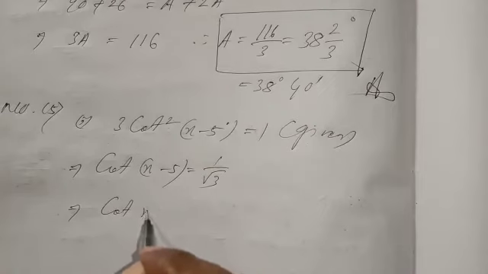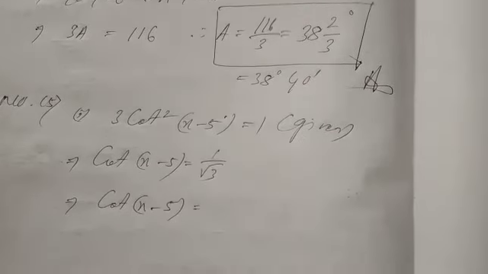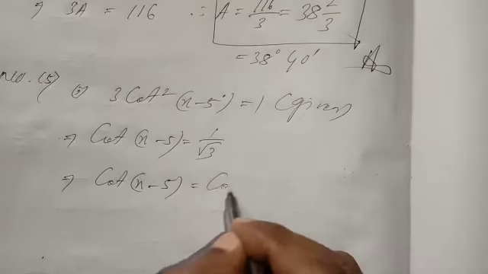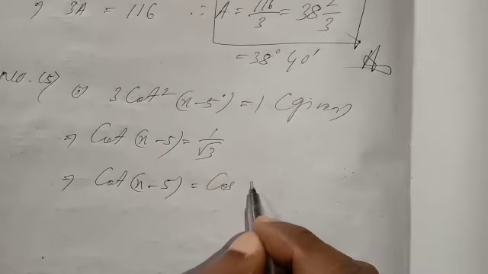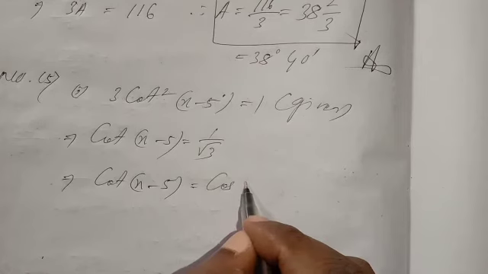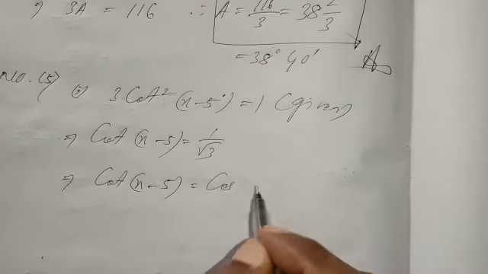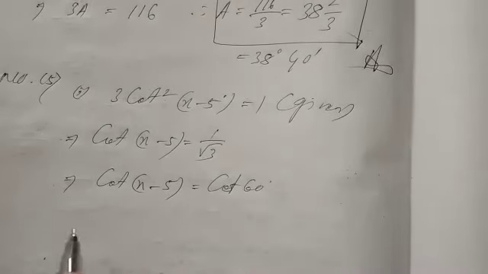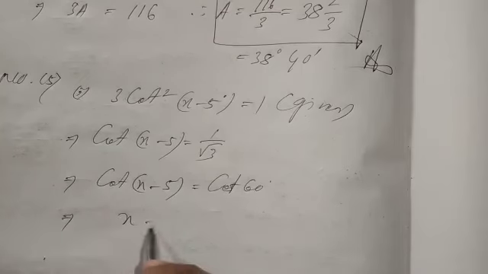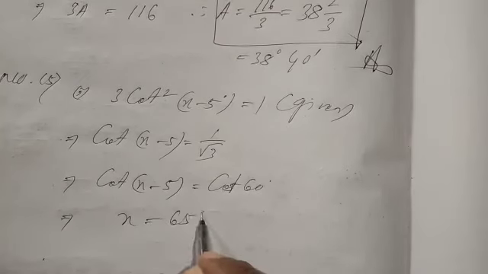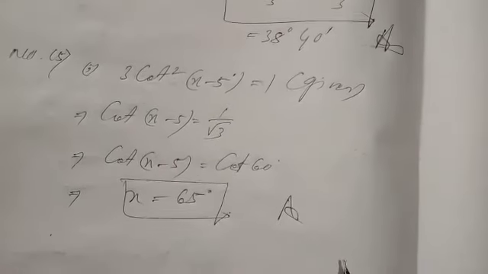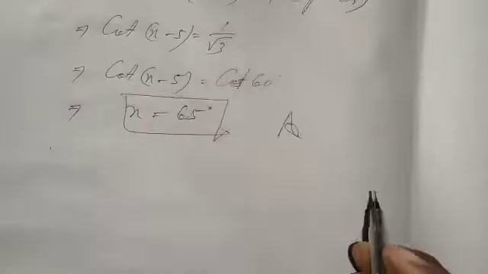You have to write this in terms of cot. 1 by root 3 means cot 60 degree, because tan 30 is 1 by root 3. Comparing both sides, x minus 5 equals 60, therefore x is equal to 65.